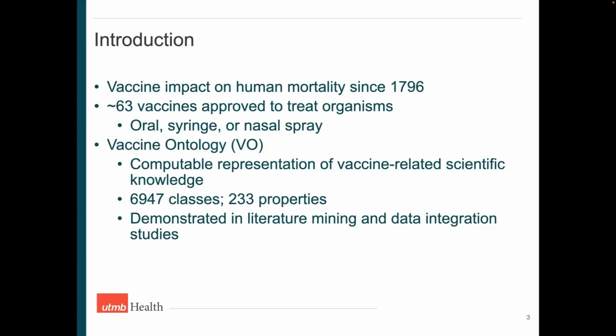Because of their major impact and importance in the biomedical domain, there is an OBO Foundry ontology for vaccines, namely the Vaccine Ontology, which is a community-agreed domain computable representation of scientific knowledge surrounding vaccines. It has about 6,947 classes and 233 properties, according to the current release.